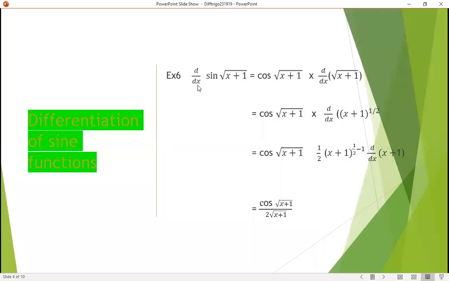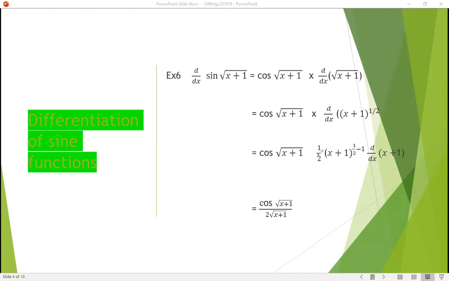So differentiation of sine root of x plus 1 is cos square root of x plus 1 multiplied by the differentiation of square root of x plus 1. Now, square root of x plus 1 is x plus 1 to the power of half. How to differentiate?